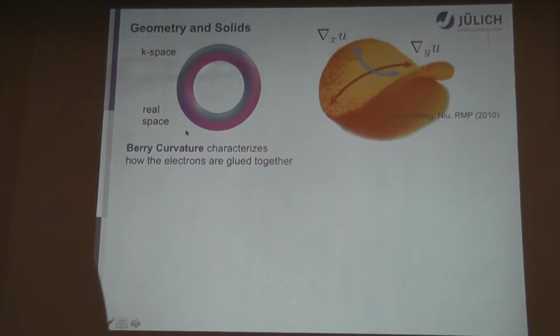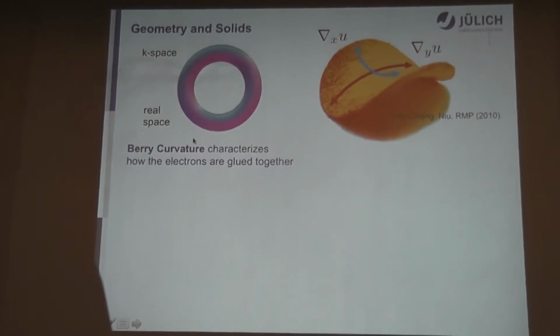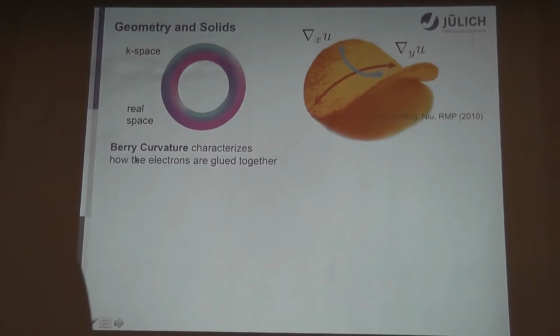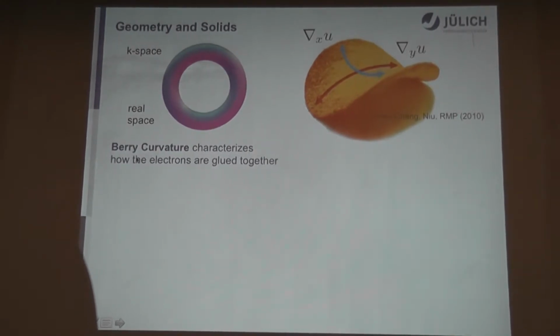The key quantity which characterizes how these electrons are glued together on this manifold is known as the Berry curvature, as Justin introduced in the previous talk. This is a quantity which couples two independent gradients of my wave function with respect to two different coordinates on this manifold.